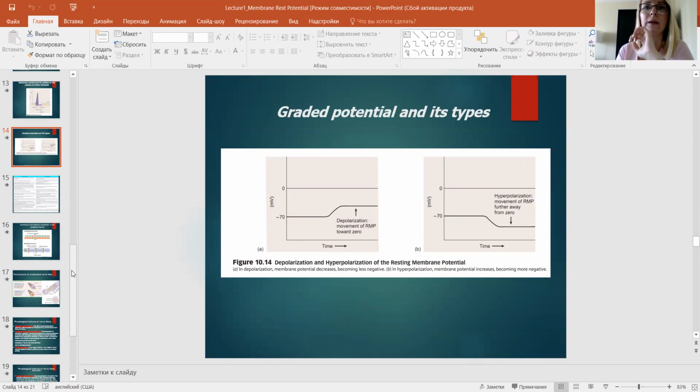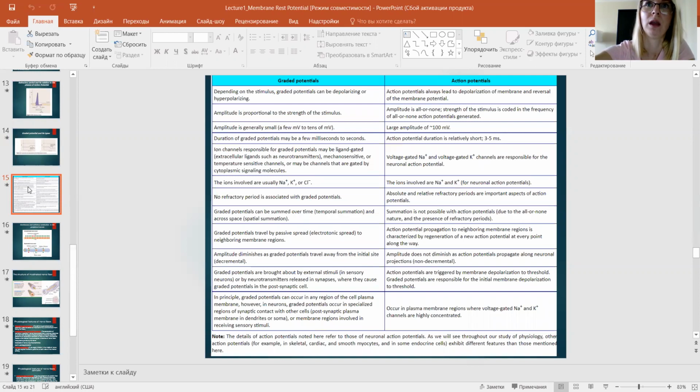It can be observed if a series of stimuli is applied to the cell. If temporal intervals between a single stimulus are short, then more and more channels are opened and the ionic currents arise. The second way of summation is called spatial summation. It can be observed if two or more stimuli are applied to the cell simultaneously.